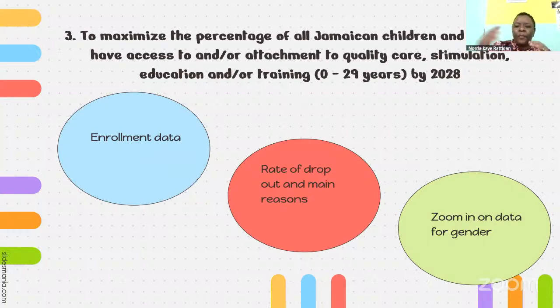What you're going to pull in now to set your goals and targets, you're going to be looking at your enrollment data, your rate of dropout, the reasons you have evaluated and found that these are the reasons why you have a high dropout rate. You zoom in on gender data, things like those.